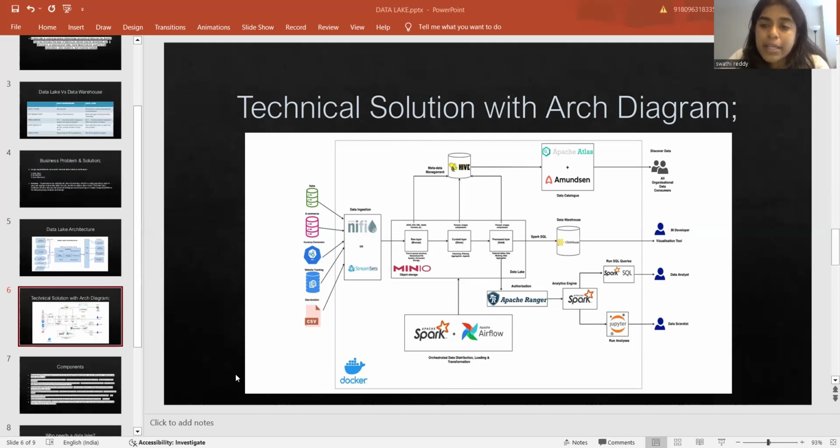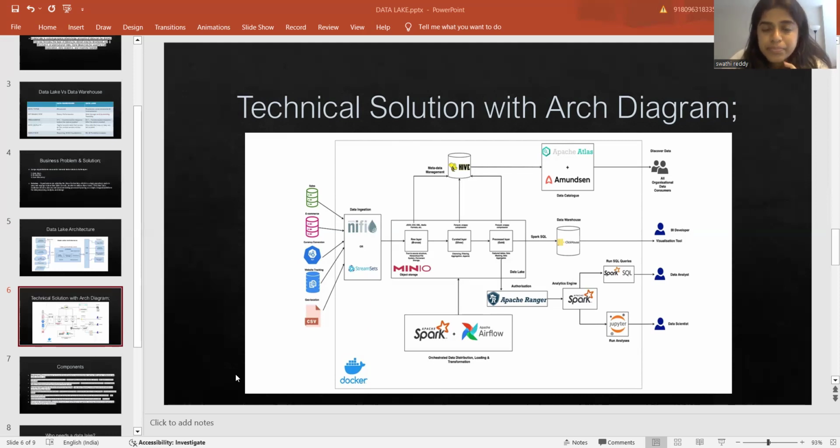Coming to metadata management, Hadoop has Apache Atlas, which facilitates metadata management, offering a comprehensive view of different data assets within the data lake and aiding in data governance and compliance. And coming to the next step, that is security.